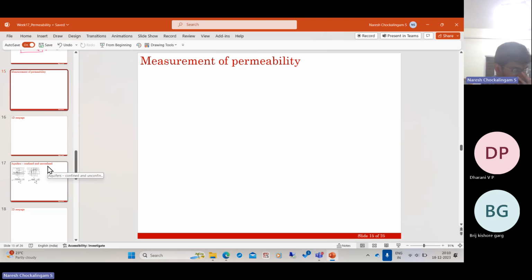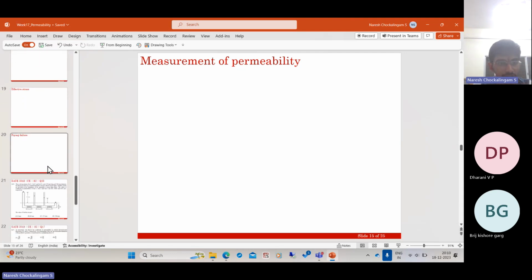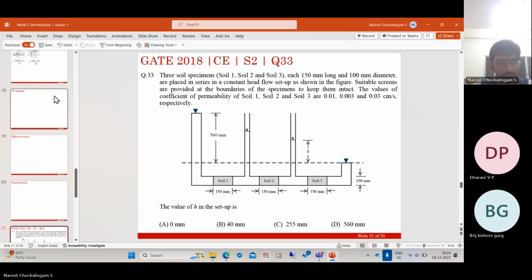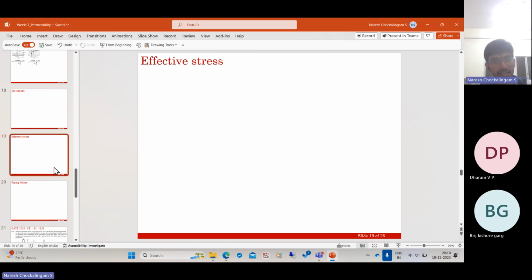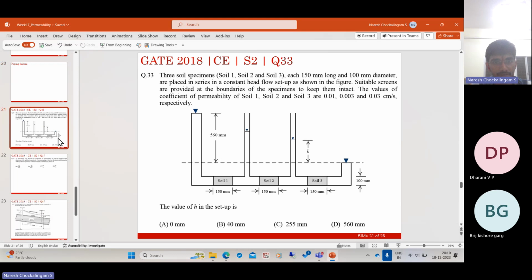There are these falling head permeability and constant head permeability tests, but it's time. So let's look at the problems first, and we can come back to them. I'll complete the notes and then I'll upload it in the groups. That is better. But problems are important.